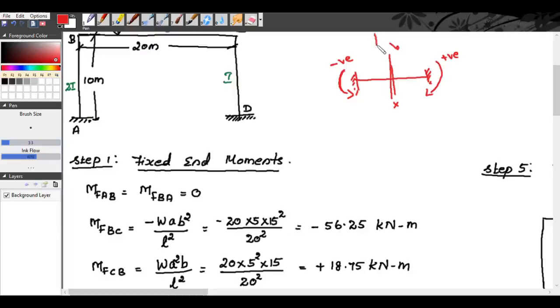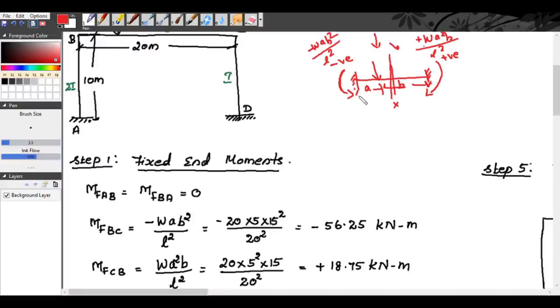And when there is a concentrated load, the formula on the left is minus W A B square by L square, and at the right end it is plus W A square B by L square, where A and B are the distances taken from the point of application of load to the supports.